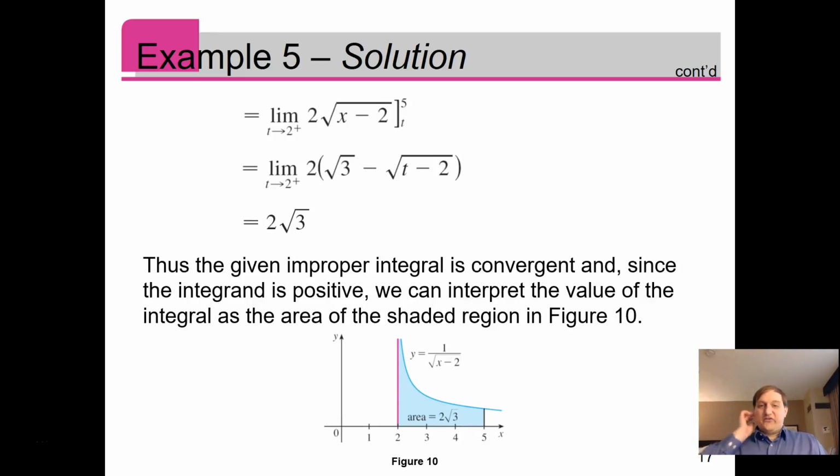Okay, so we are interpreting it like this, and you can see from the picture here that the area is finite. A helpful tip, and it's not 100%, but it's pretty good. If you're doing a type 1 improper integral, we know we have the p-test, that if p is greater than 1, we're going to converge.